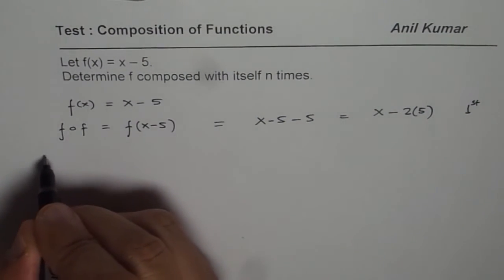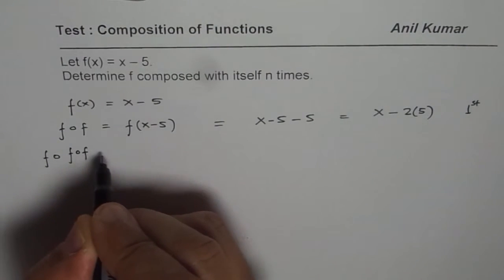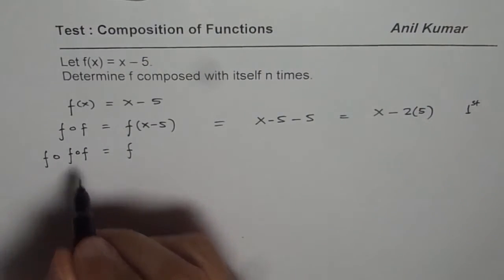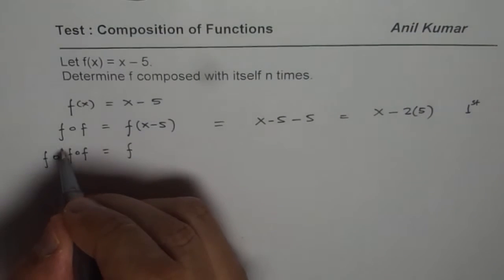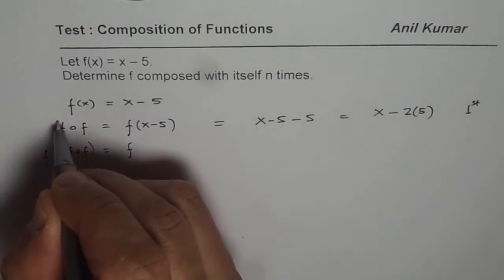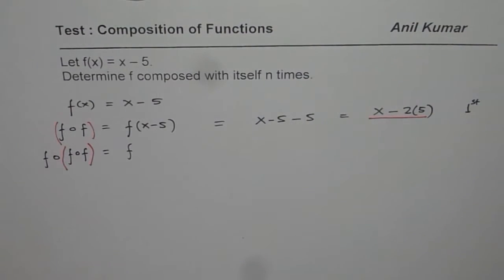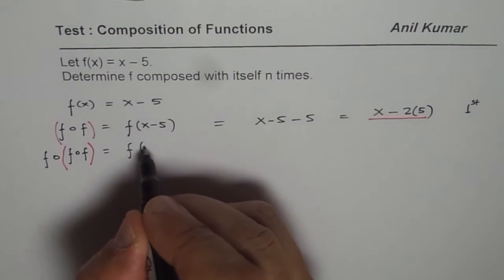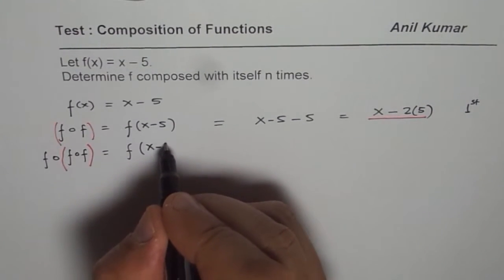Then if we repeat this operation, that means we have f of f, right? Then what happens? Then basically we have f of, and what is f of f? F of f we just calculated, right? So we could substitute this f of f with the value we just calculated. So it is x minus 2 times 5.